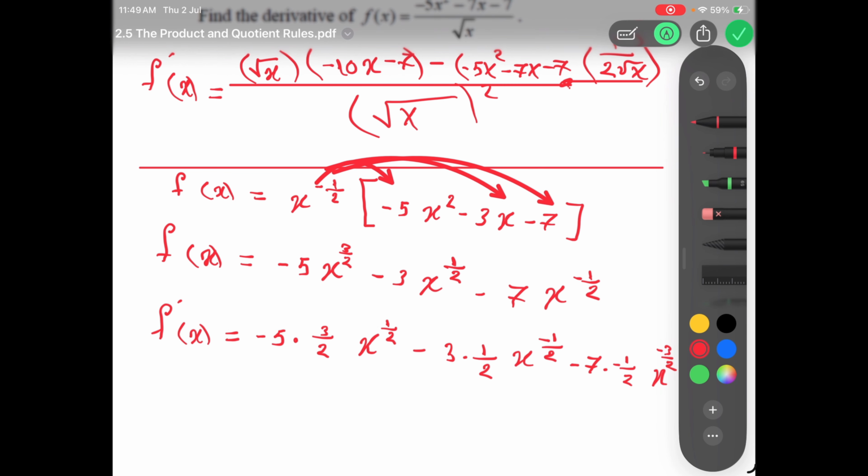And what we can do now, we will multiply these numbers just to make the solution more decorative.